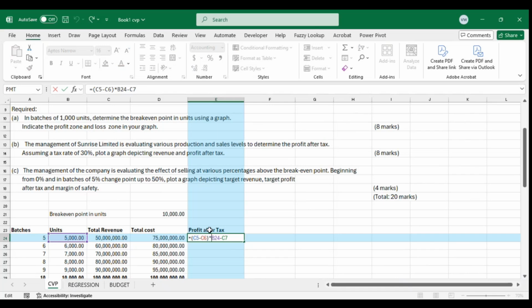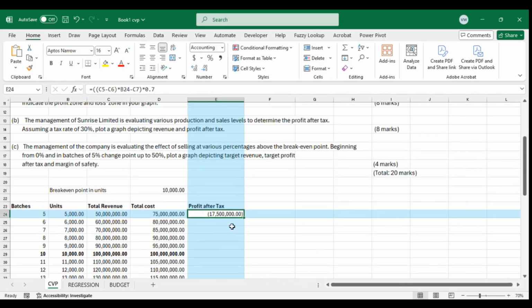If I want to adjust tax, then I can still use brackets: everything in the bracket, open bracket, then I close the bracket and multiply by 0.7, because when I say 1 minus 0.3, I get 0.7. So I can just multiply with 0.7 directly. So at this point, the profit after tax is that. We have a negative 17 million, which is actually a loss.